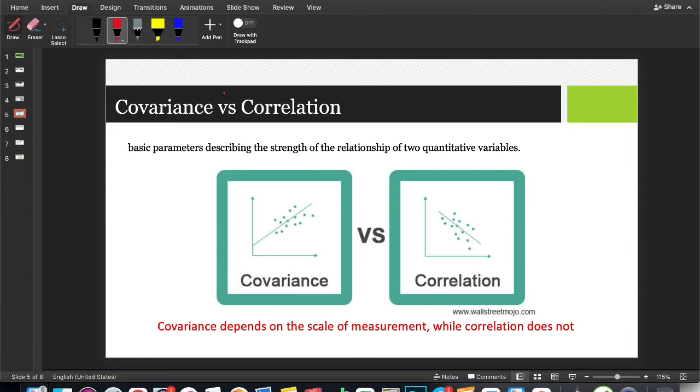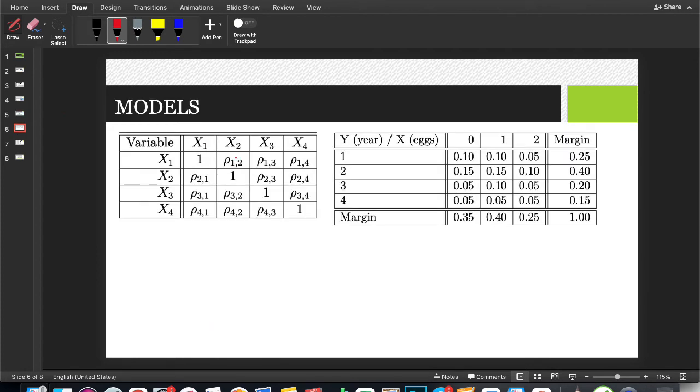As an example, let's take a look at this table. This is a case of 4 variables. The table here represents the correlation. As with all correlation matrices, the matrix is symmetric with a row of 1s on the main diagonal.